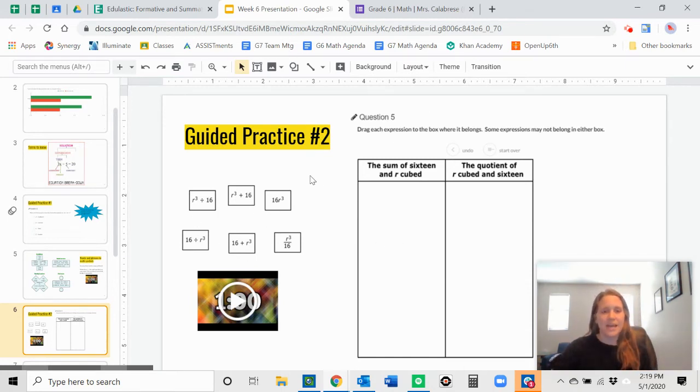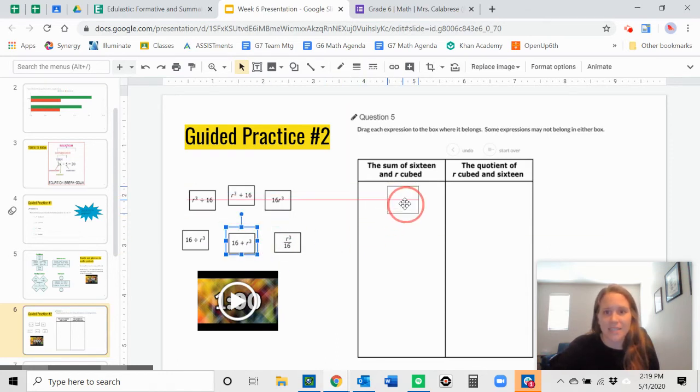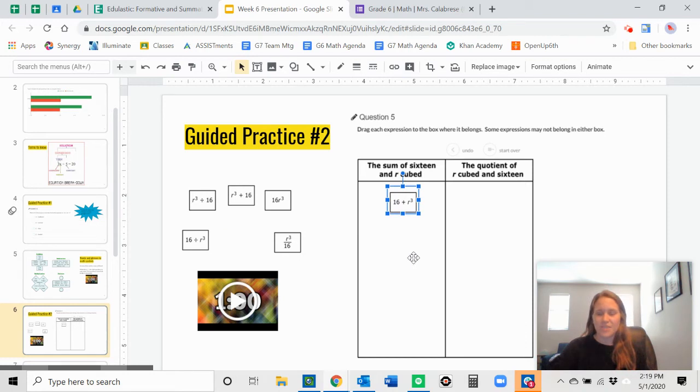All right, team. The sum of 16 and r cubed, those are addition expressions. So I'm going to go ahead and drag this addition expression here, the sum of 16 and r cubed, that should be in your first column. Please put a star next to that if you got it correct.